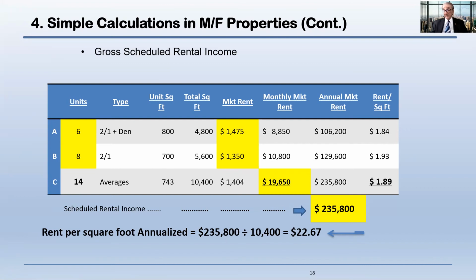Why is this number very important? Because if you're buying a property where the rent per square foot annually is 25, 27, that means the property has an upside potential. Very, very important you break it down this way.